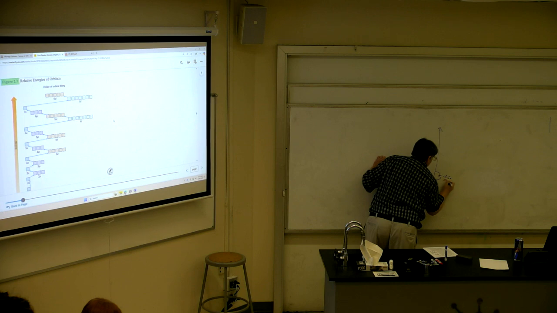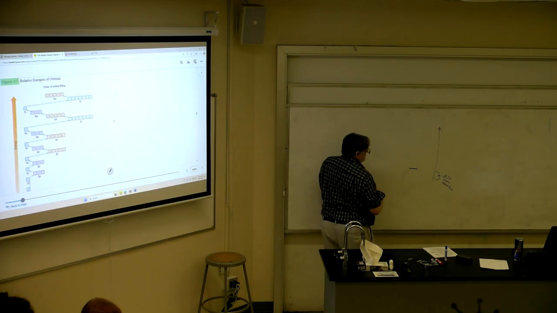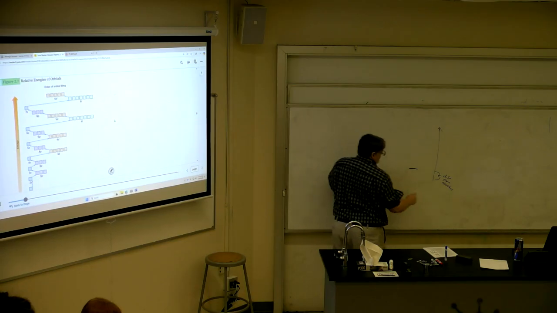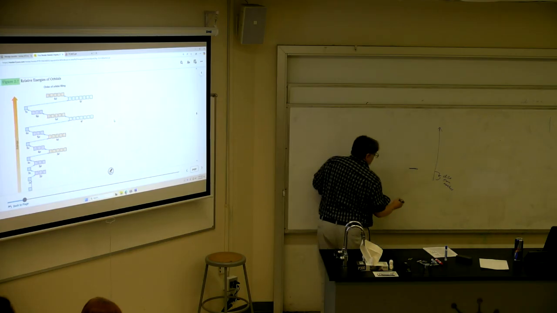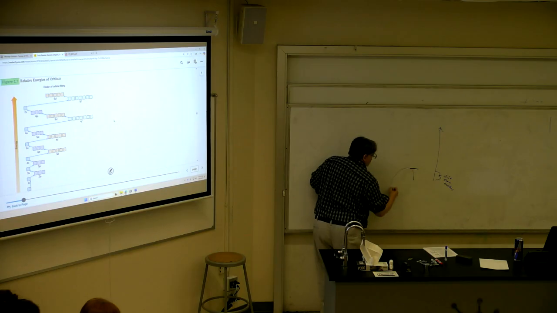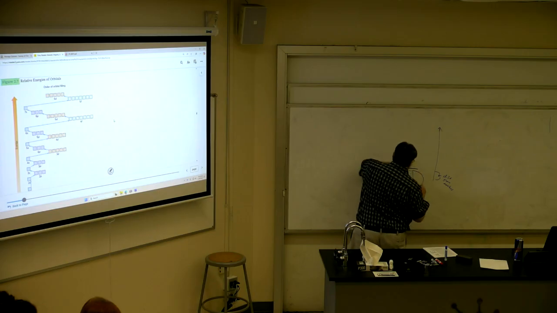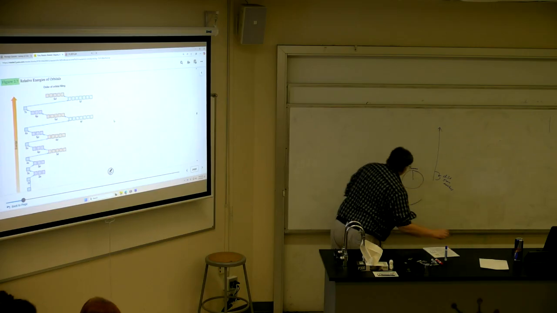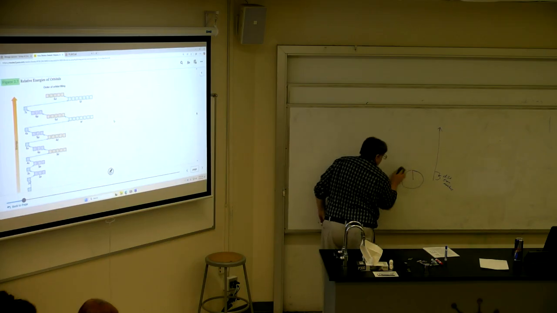So if you picture a scale here going up, that is distance from the nucleus. So let's say the nucleus was here. The sphere, what I'm saying is, oh my God, it's nowhere near.